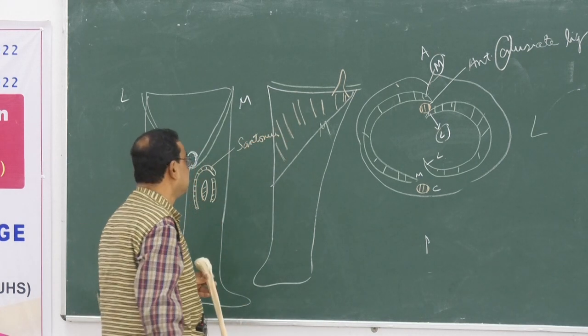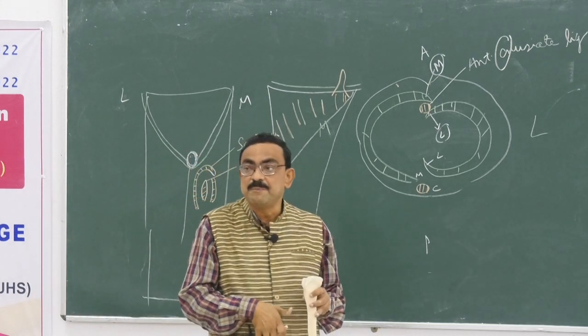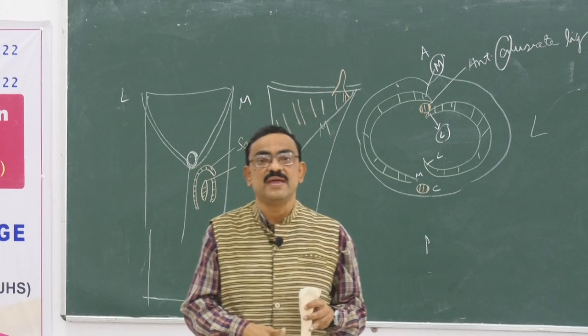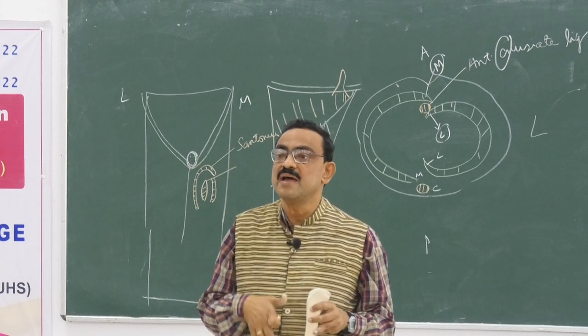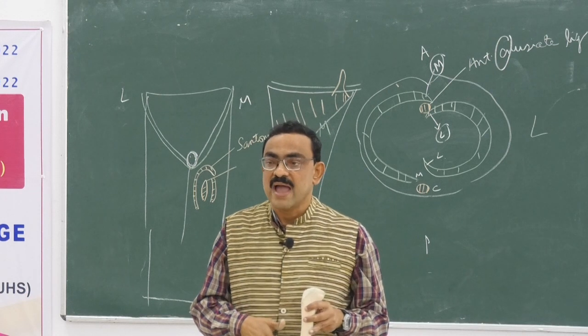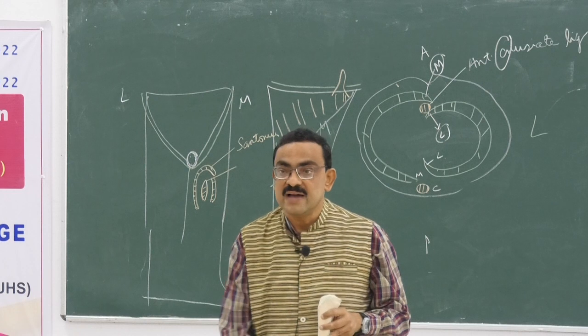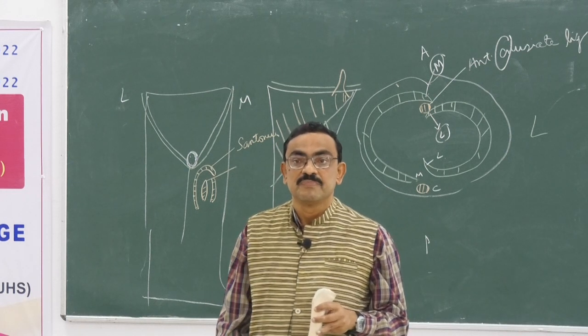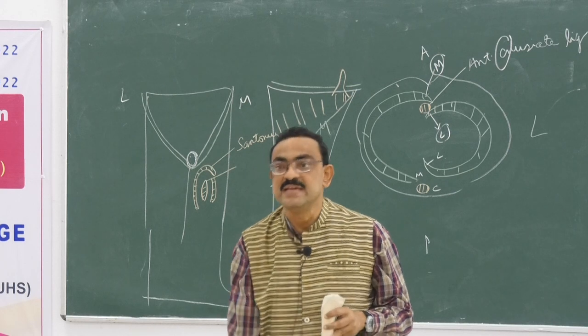Next is another muscle which comes out from the pubis of the hip bone, and it is attached on the medial side, and it is a slender muscle. That is the gracilis muscle and it is present medially.